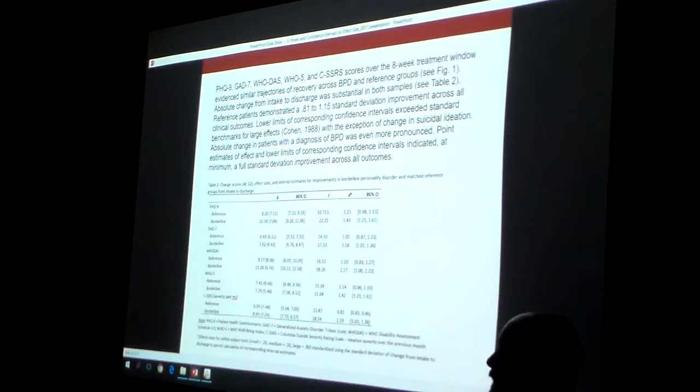This was a situation where it made a lot of sense to go down through, and you can look at the magnitude of change for each one of these different groups.